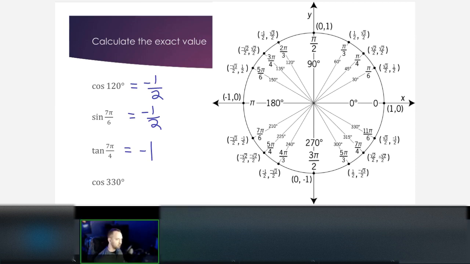Well, is it positive or negative? I see people are disagreeing on whether it's positive or negative. Now, it is positive. Yeah, remember, because cosine is the x value. So we go to 330 degrees, which is right here. The x value is positive radical 3 over 2. We care about the x value for cosine. So radical 3 over 2.